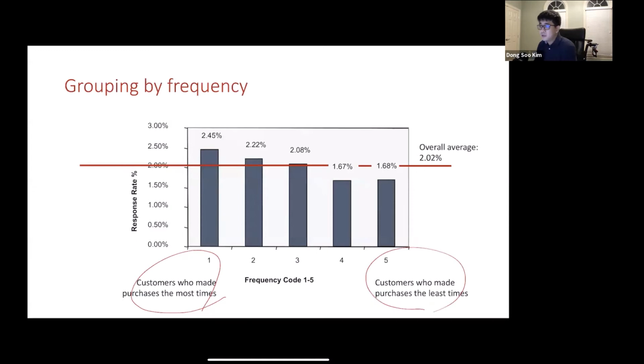As you can see, groups 1, 2, 3 show higher response rates than the overall average, but the other groups' rates are lower than the average. This implies if the targets had been selected by frequency, the response rate would be better.